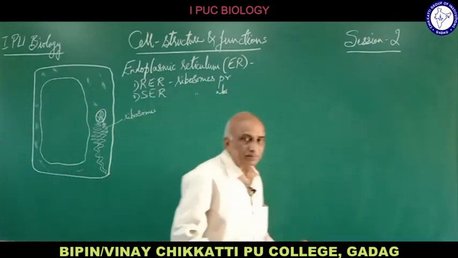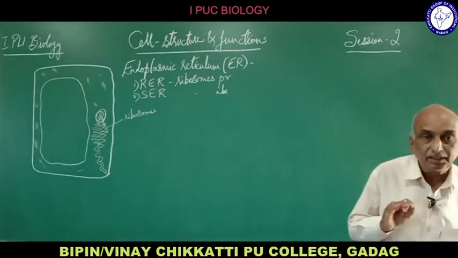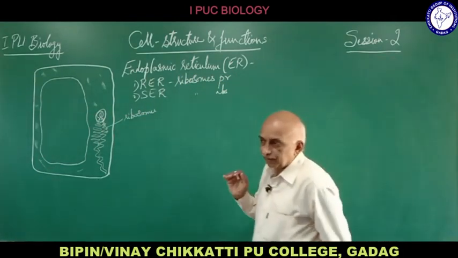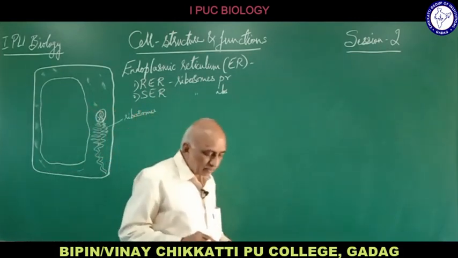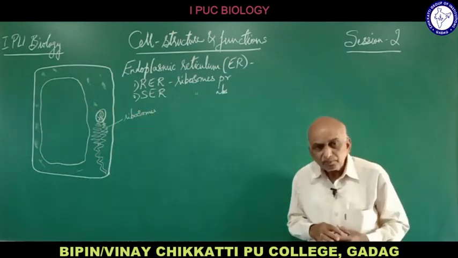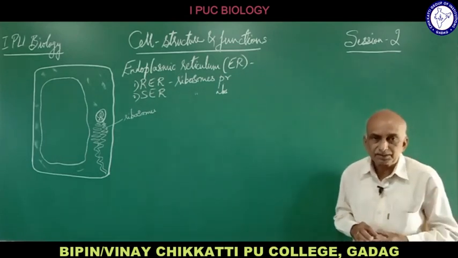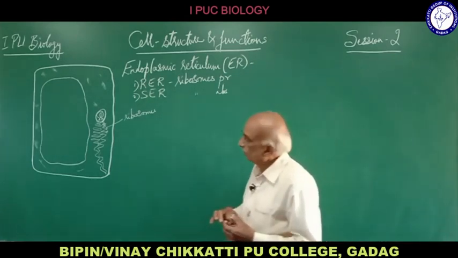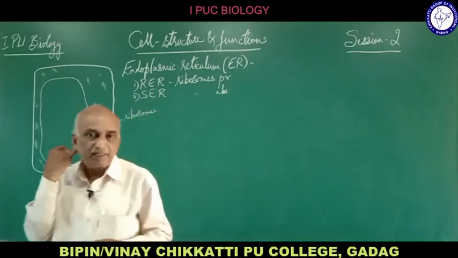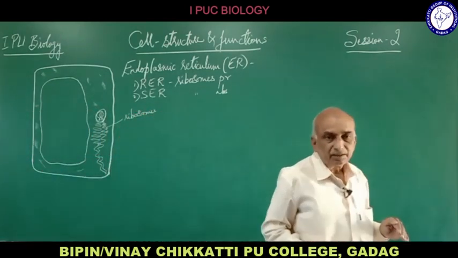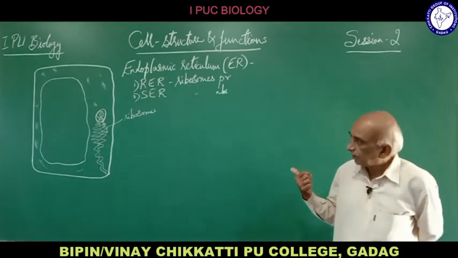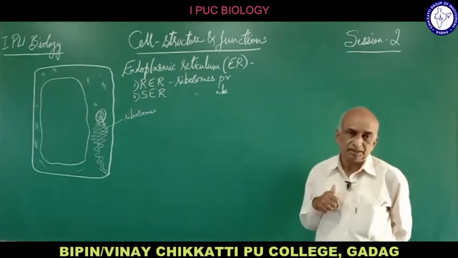Due to the presence of ribosomes on the outer surface of its membrane, it appears rough, and that is why it is called rough endoplasmic reticulum. When the ribosomes are absent, there is merely the membrane, so it is smooth endoplasmic reticulum.